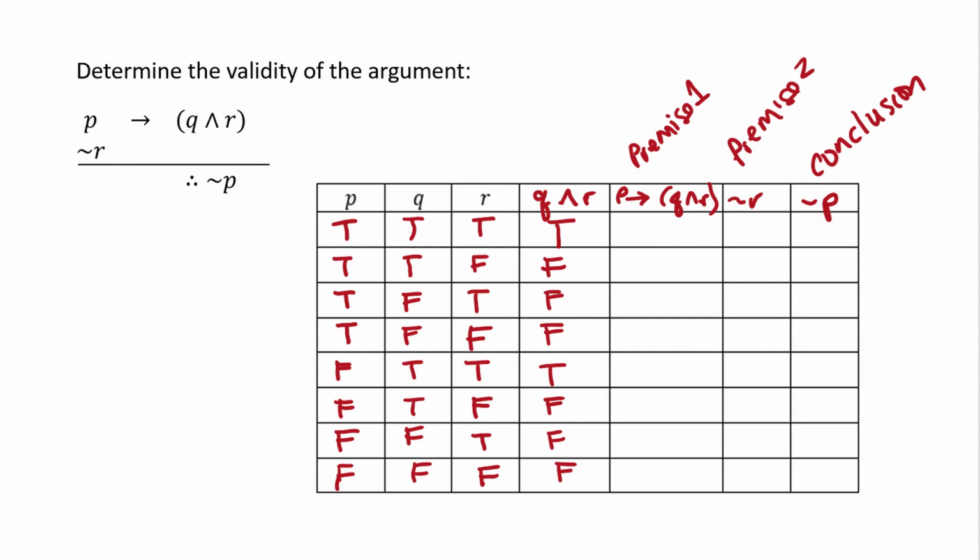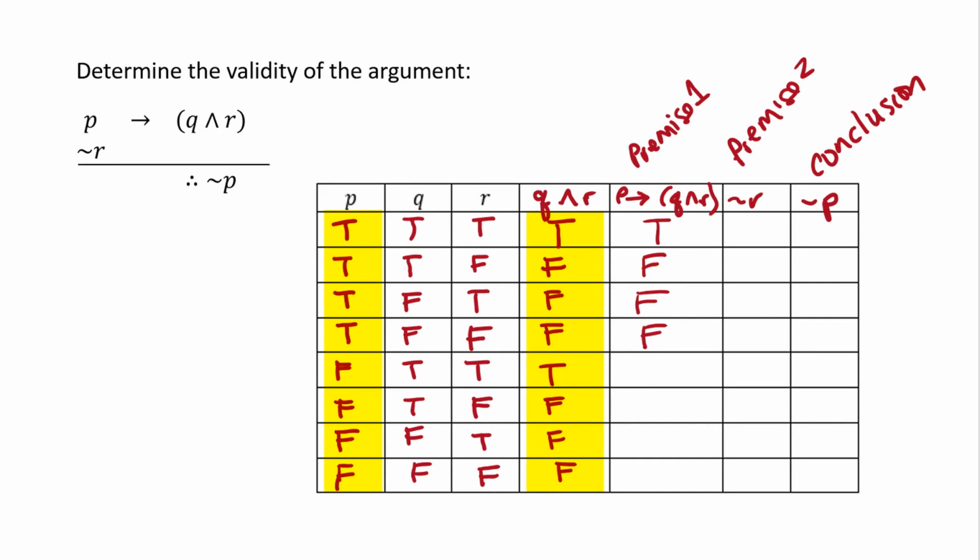Now let's look at the implication, P implies Q and R. So T implies T, truth implies truth is true. Truth cannot imply false, so that's false. Third line, truth cannot imply false. Fourth line, truth cannot imply false, so that's a false. Now let's go to the 5th line: 1, 2, 3, 4, 5.